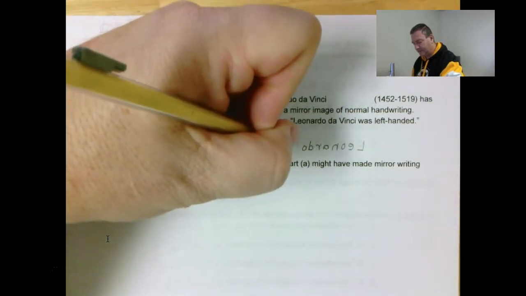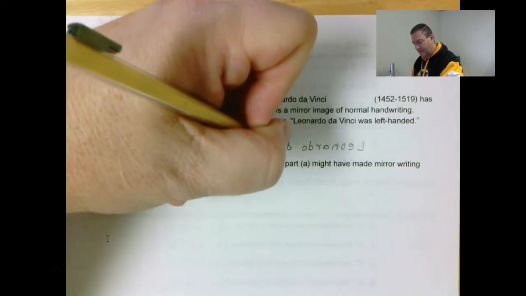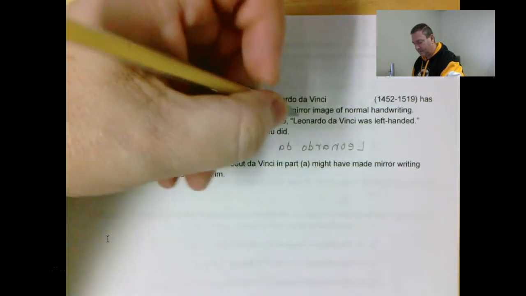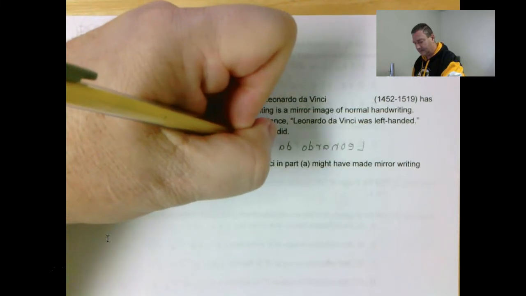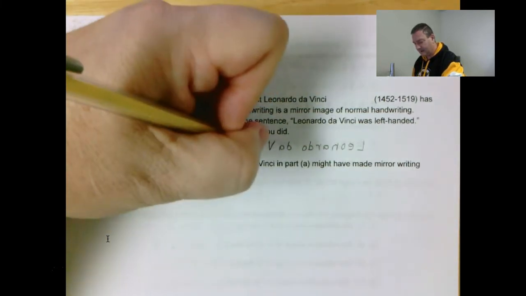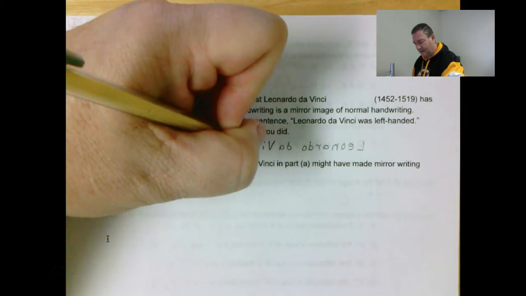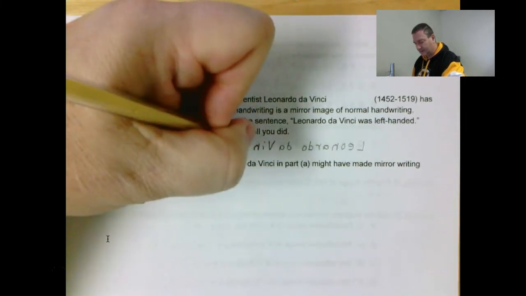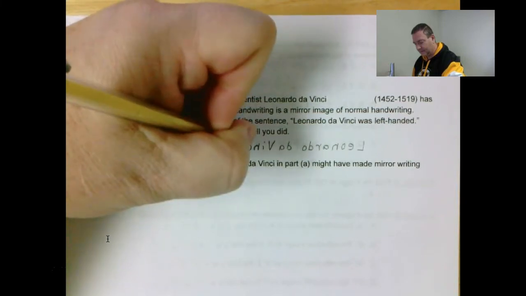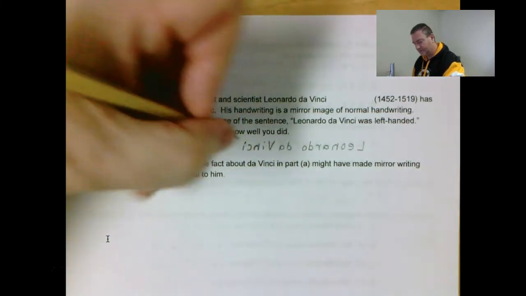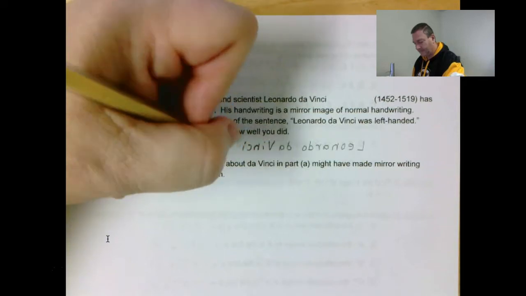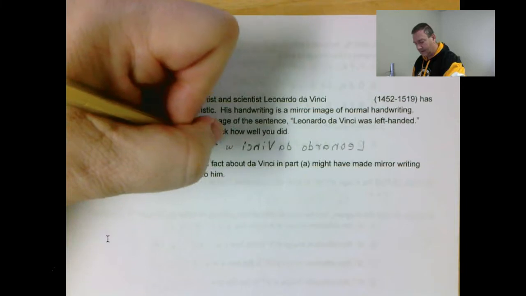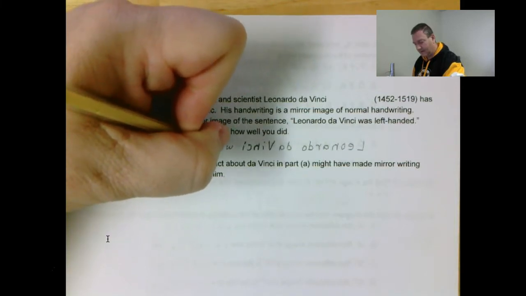D becomes a B. A, again, a hard one for me to do. V stays the same. I stays the same. N gets reversed. C gets reversed. I doesn't change. W doesn't change. Again, A.